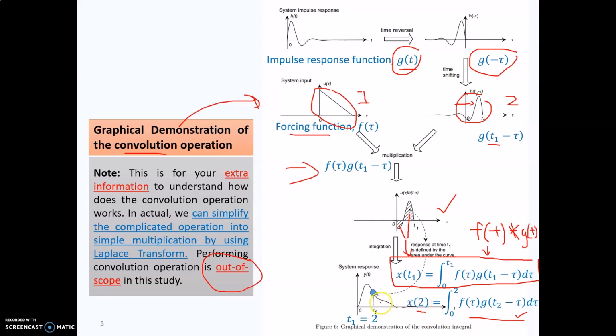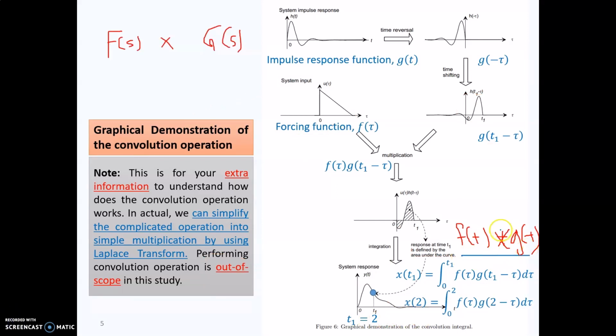If you want to find the value of x when t is equal to 3, you just change the t into 3. By solving this, you can get the answer for x(3), and so on. So you can see that the convolution operation is complicated as it involves integration.